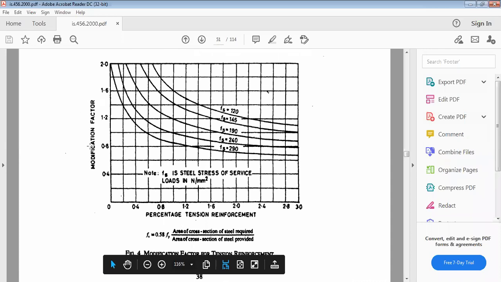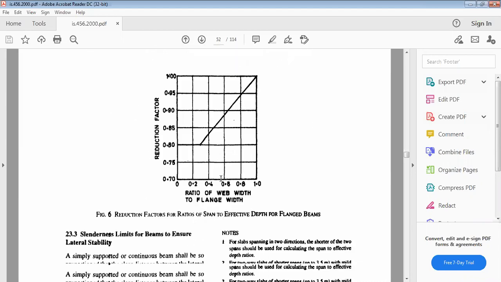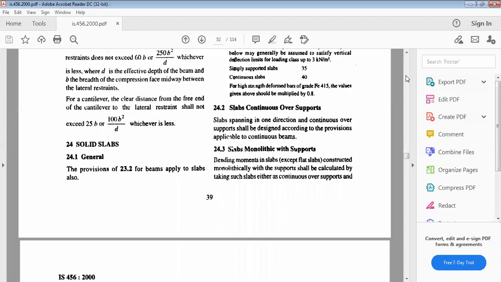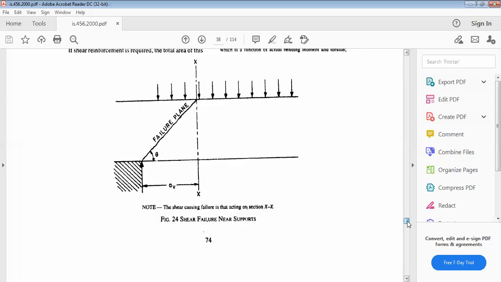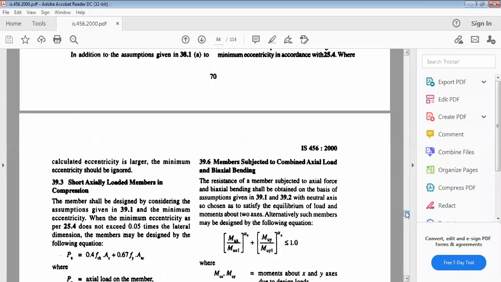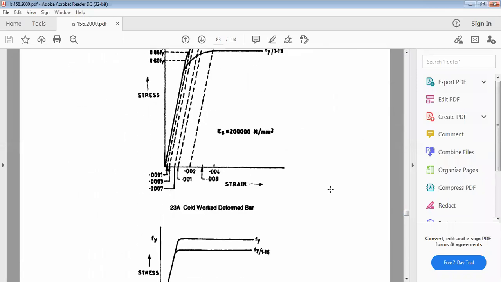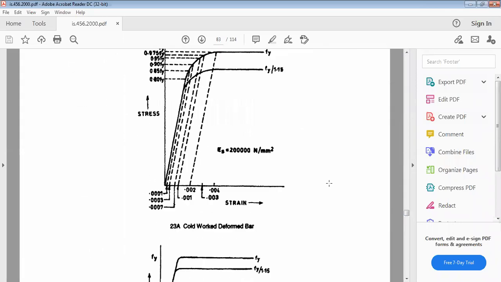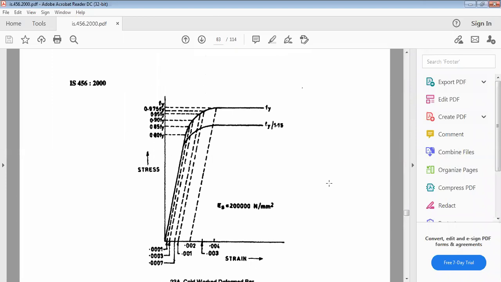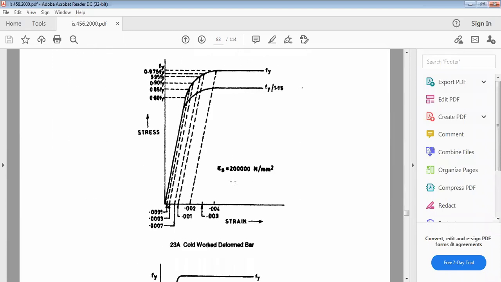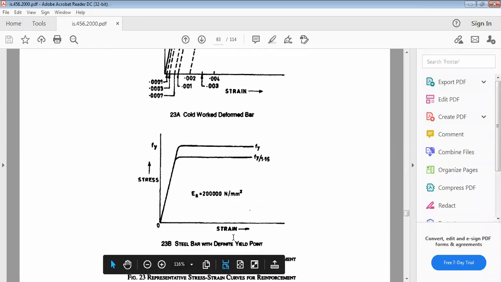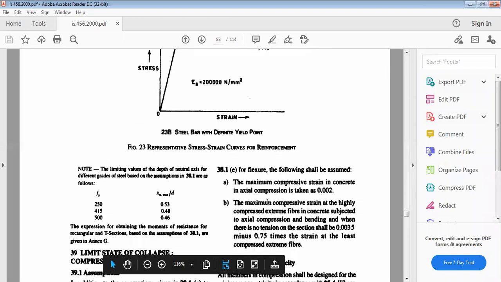Now this one is based on the steel stress. Then here in this curve, if you can see, for a cold worked deformed bar, this is the stress strain curve for the reinforcement.